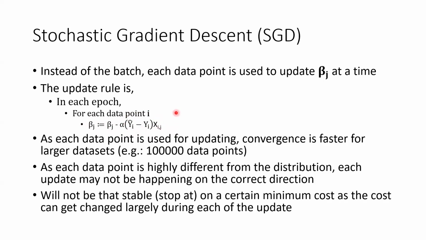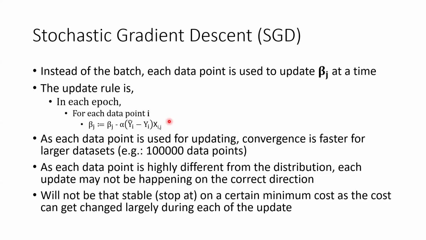So for each data point, we can calculate this and update these beta values. You can select each of the data points one by one and update these values, and this would be comparatively much faster and more efficient than batch gradient descent when you have a large number of data points, right?